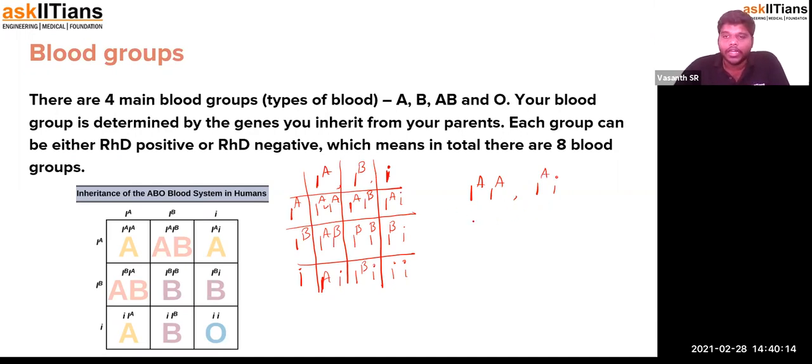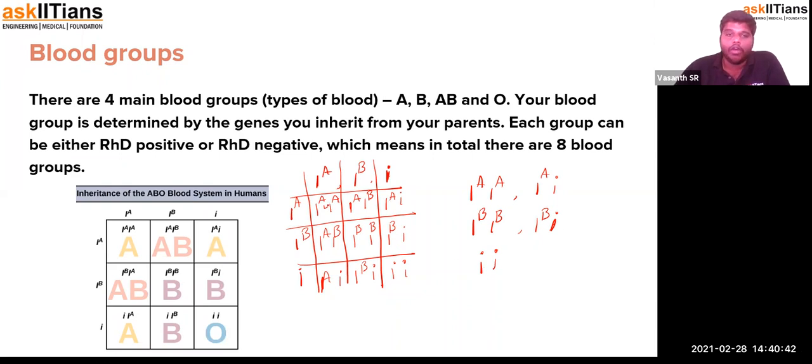Here there are two types of B: homozygous B and heterozygous B. And how many types of O are present? There is only one, because O is recessive in nature. It can be expressed only when it is in the homozygous condition.